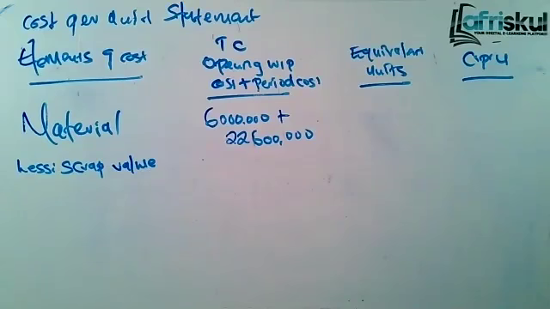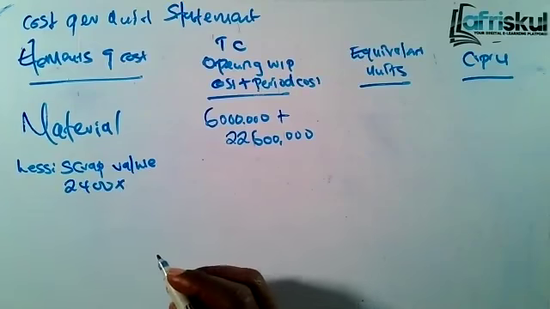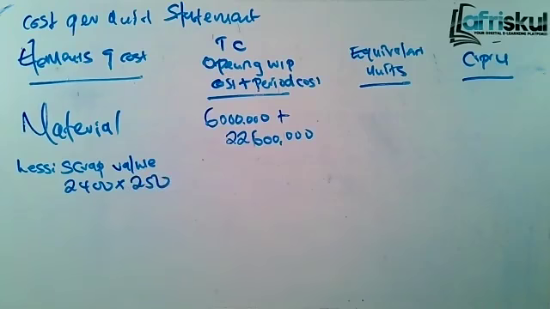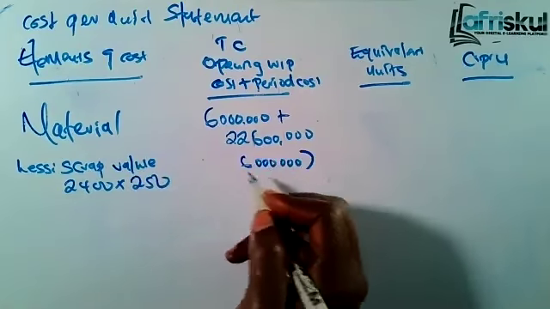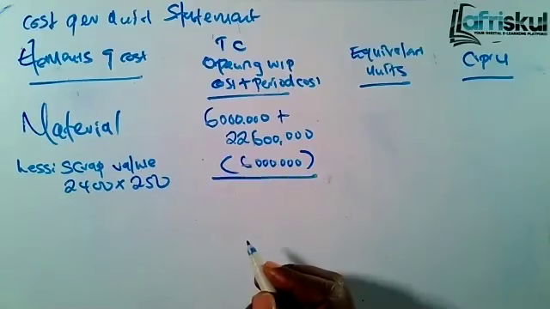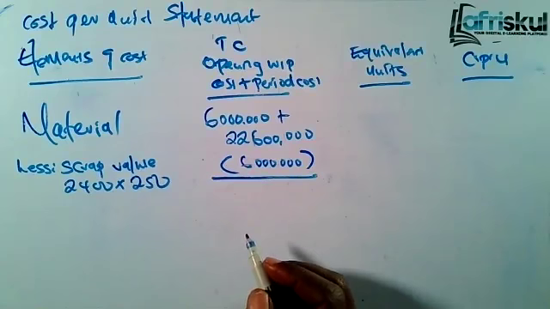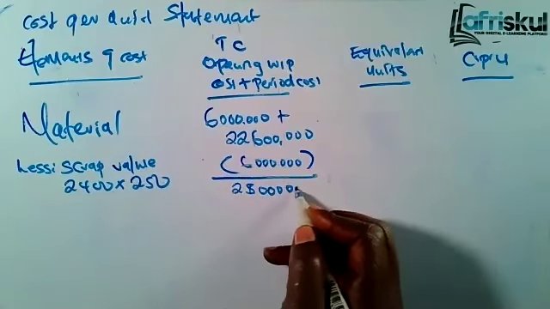Scrap value units were 2,400, and each unit was being sold at 250 shillings. When you multiply that, you get 6 million. So you deduct 6 million here. And then the total will be 28 million.